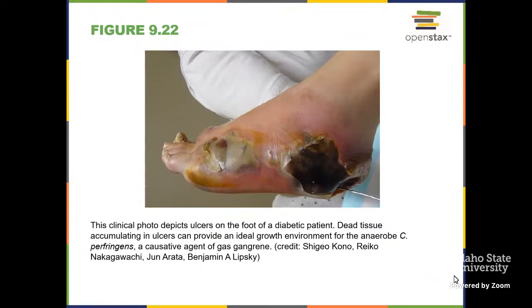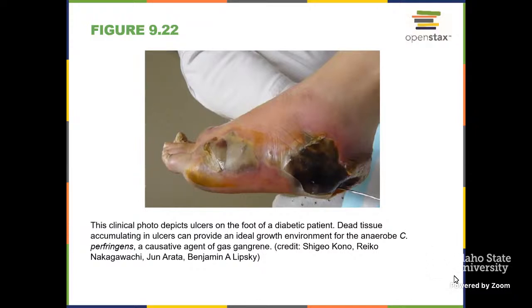All right. So as we look at this, still focusing on anaerobes, all right? This image is a patient that's got diabetes. There's all sorts of potential issues that can happen with these individuals, right? There's a lot of nerve damage that can happen, especially in your feet.